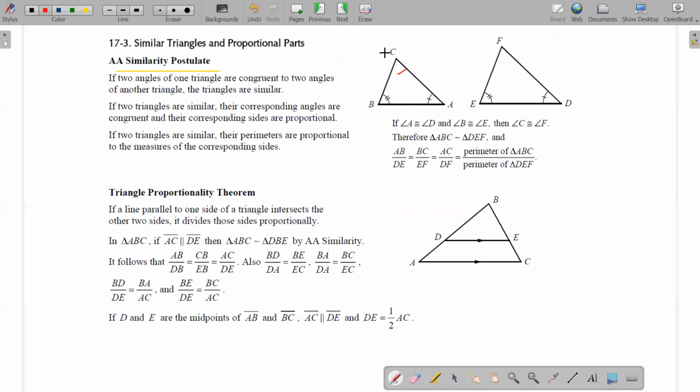That means that all the angles are going to be the same, because if two angles are congruent, also this angle must be congruent, because the sum of them is still just 180 degrees.